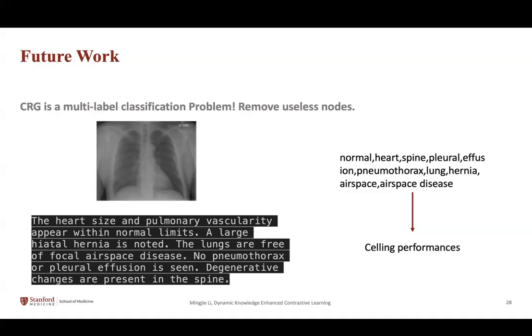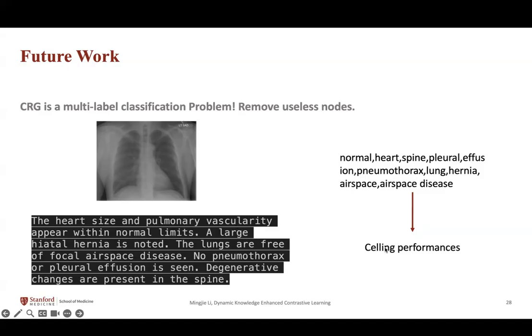So we just simplify this task into a multi-label classification. We did a very interesting experiment where we only use the ground truth nodes, which are the mentioned nodes from the pre-contrastive graph, to do the cross attention with the image features.